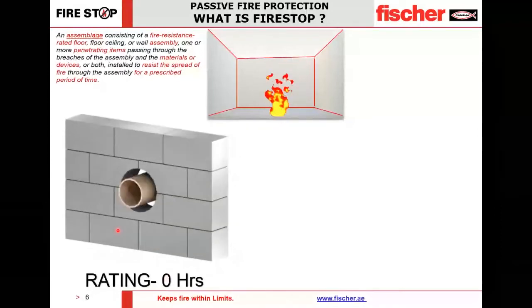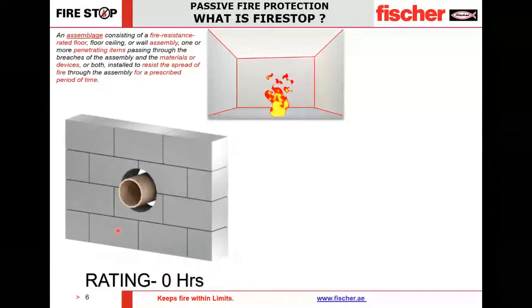He installs his service, but the rating still remains 0. The rating is only reinstated after an appropriate Fischer FIRESTOP system is applied, thereby ensuring the compartmentation that was intended.